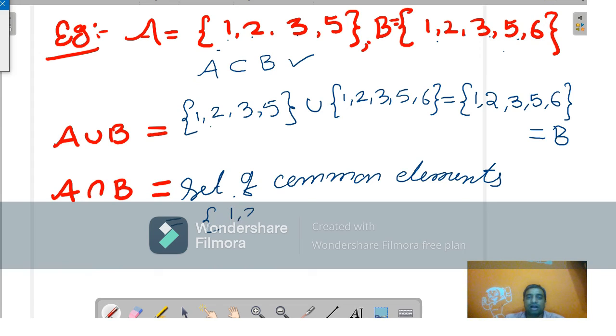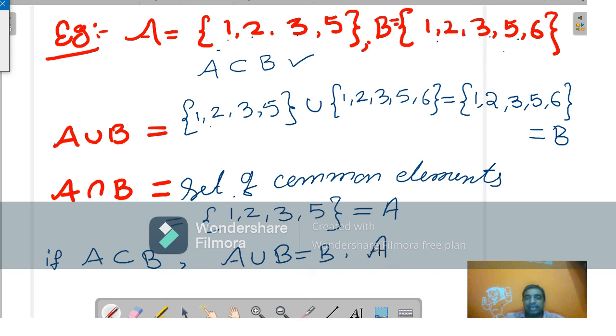Only 1, 2, 3, 5 are common in both, so we write the elements which are common, and it is nothing but A. So by seeing these two operations, we can say if A subset B, then A union B is equal to B, and also A intersection B is A, which is very important.